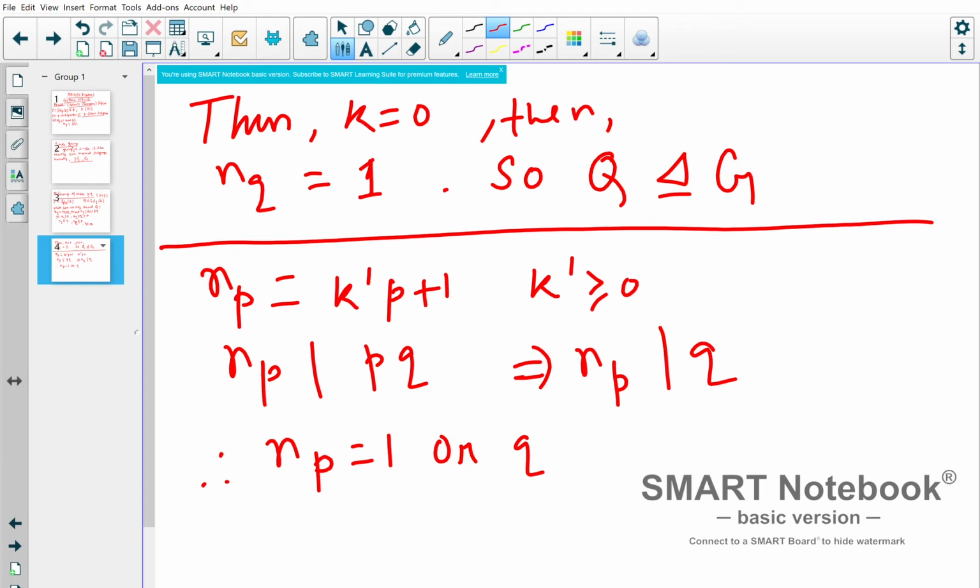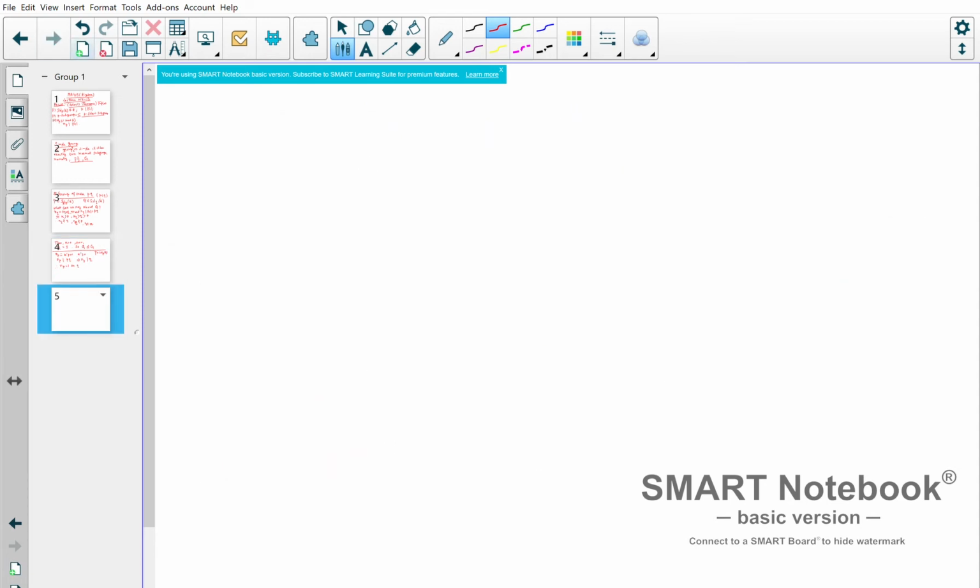Now I will give some nice situation to check what type of subgroup this P subgroup is. So P is the Sylow subgroup. Now, in particular, let me assume that the two cases can be possible.